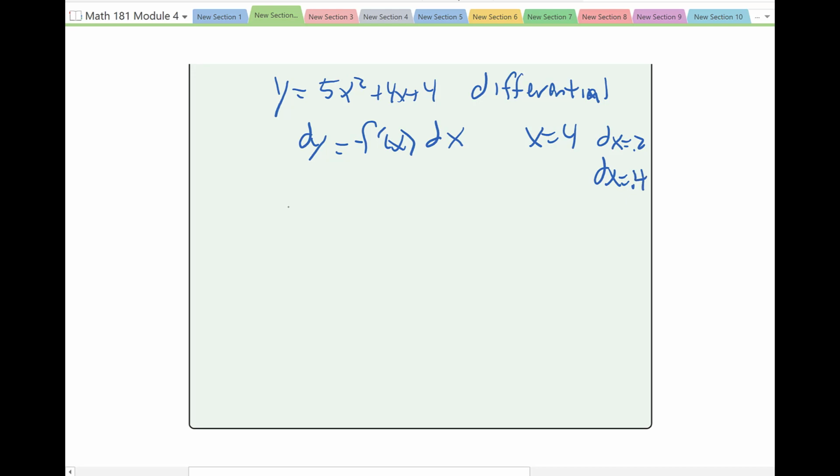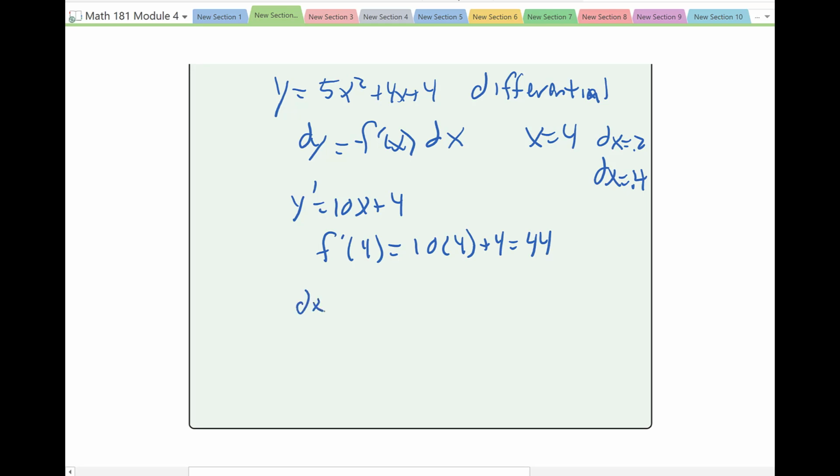Okay, so our y prime is going to be 10x plus 4. So f prime of 4 is going to be 10 times 4 plus 4, which is 44. So we have two things.